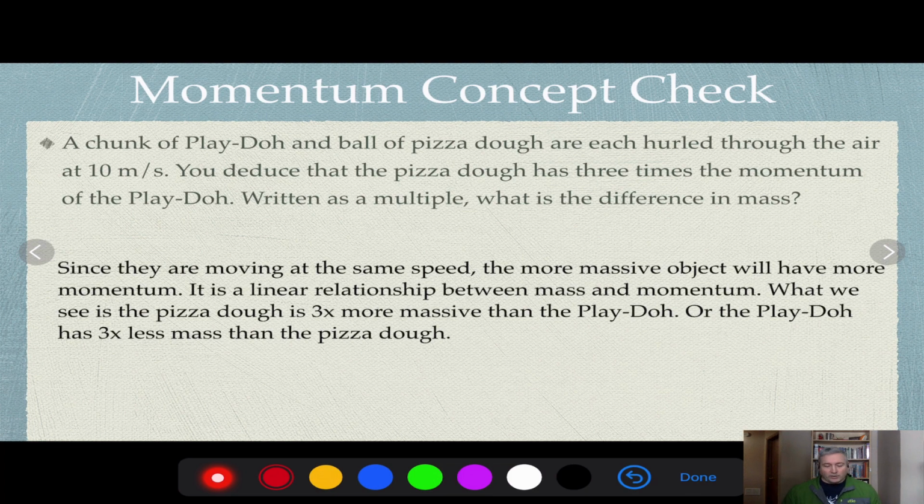So the Play-Doh has 1/3 the mass of the pizza dough, or the pizza dough has 3 times the mass of the Play-Doh. And we can use that relationship if we're comparing. This is why it's so difficult to stop a larger guy in hockey or in football. So the bigger the person moving at a certain speed, the more difficult it is to stop.